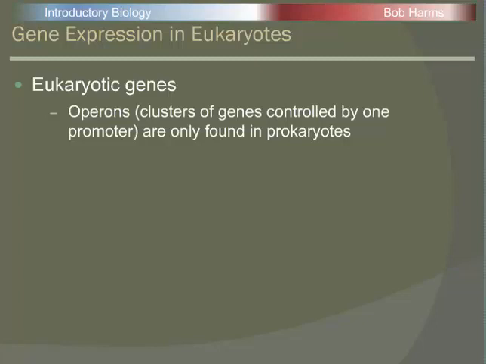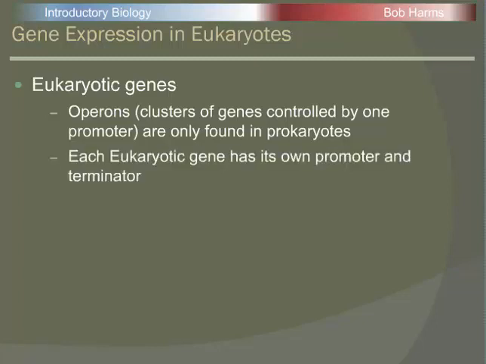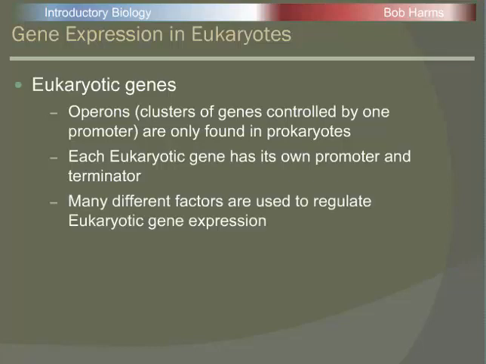Instead, each of our genes has its own promoter and its own termination sequence, so a single gene is expressed or not expressed, as opposed to whole groups of genes like we saw with that operon.